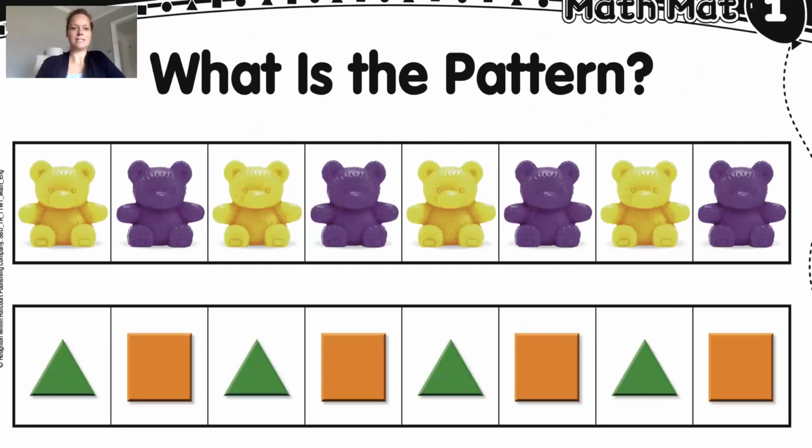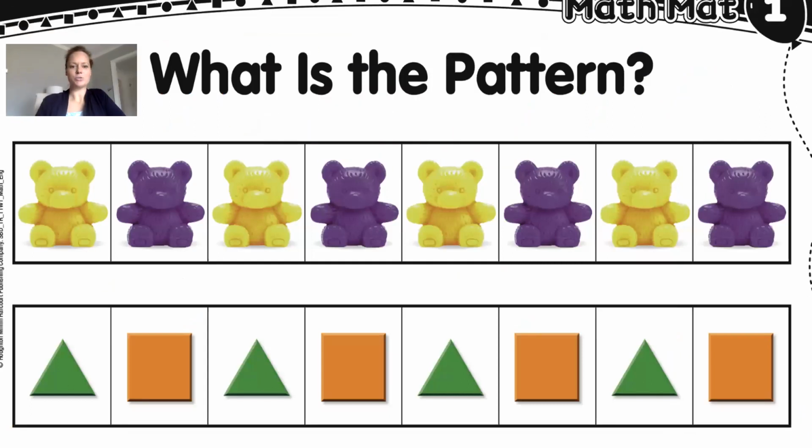Let's look at the next slide. Here we've got patterns with bears, and we have a pattern with shapes. Let's look at the first one that has the bears. They've got 2 colors, which is yellow and purple. Why don't we look and make sure they did it correctly?